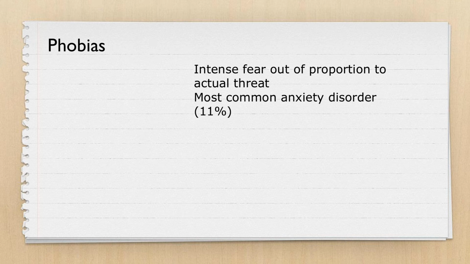For you to actually be diagnosed with a phobia, it must restrict your life, create considerable distress, or both. Phobias are the most common of anxiety disorders. There are many forms of phobia.